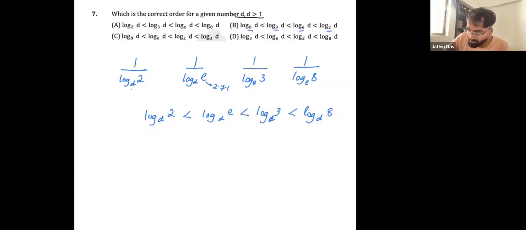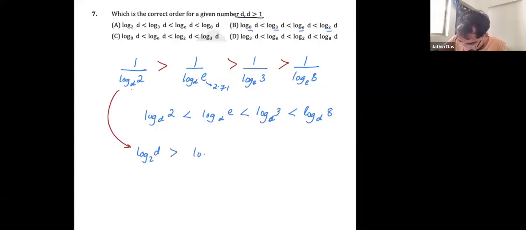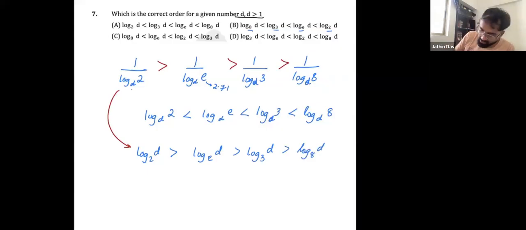Correct? So which will be the biggest? This will be the biggest. And when you take the reciprocal, you can write it. log_2 d will be greater than log_e d, which will be greater than log_3 d, greater than log_8 d. My mistake. So which is that option?